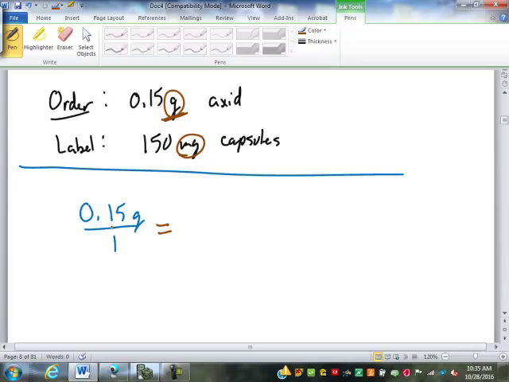We can just move the decimal point. Grams to milligrams is 3 spots to the right. Or remember that milli is 1,000th. There are 1,000 milligrams in a gram. So 0.15 grams times 1,000 is 150 milligrams.